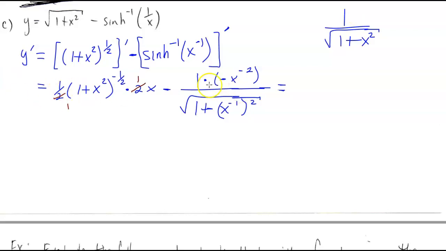And so for this first term, we'll end up with just 1 over square root of 1 plus x squared here. And then, of course, we have another x that's laying here, so I need to go ahead and add that.